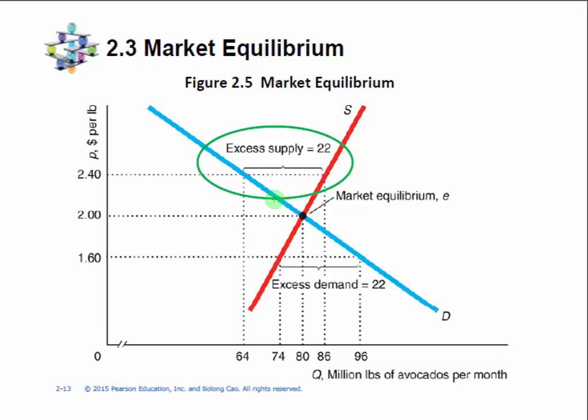The firms make less money per unit, and they supply less quantity to the marketplace, and the quantity demanded increases because the price declined. Avocados become cheaper, and people buy more. And then at $2, again, the market is back in equilibrium. The quantity supplied equals the quantity demanded. Nobody wants to change their behavior anymore.